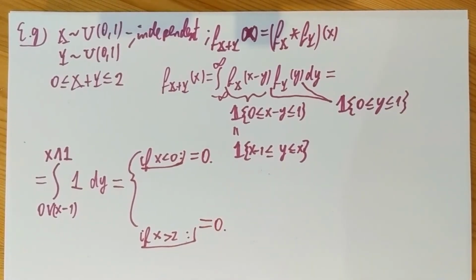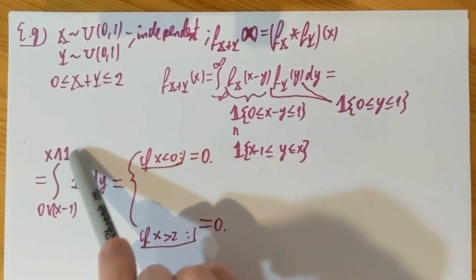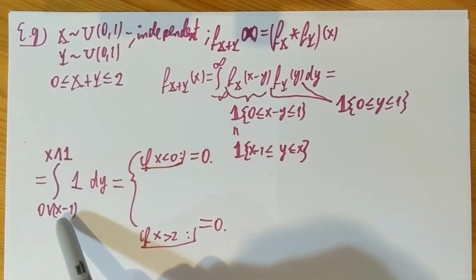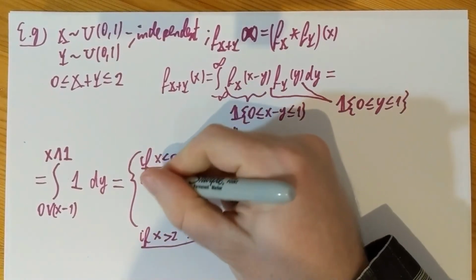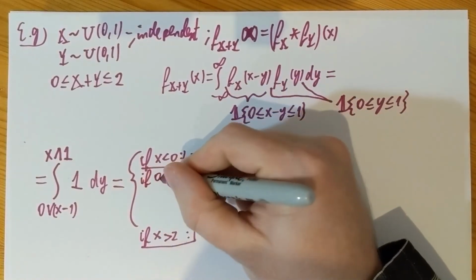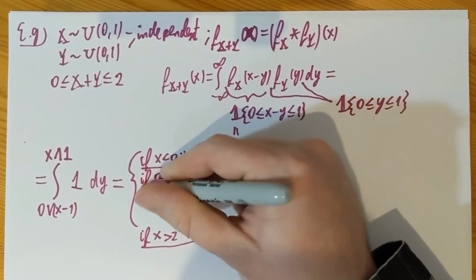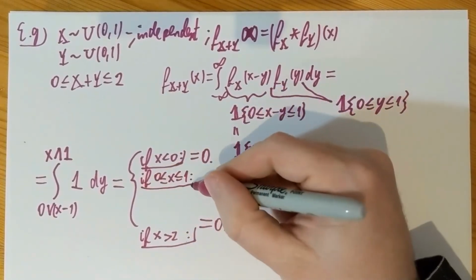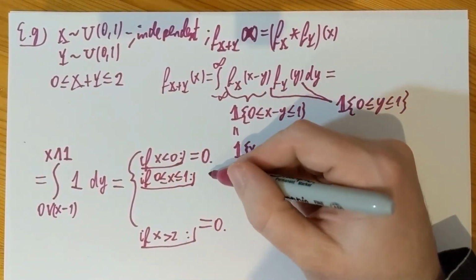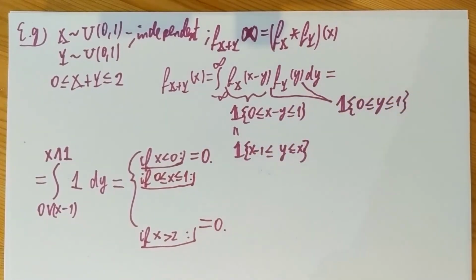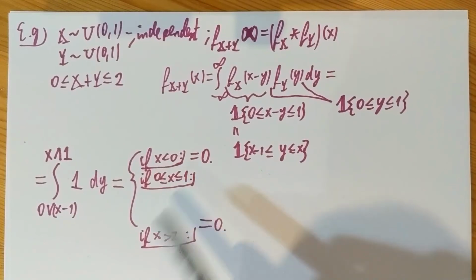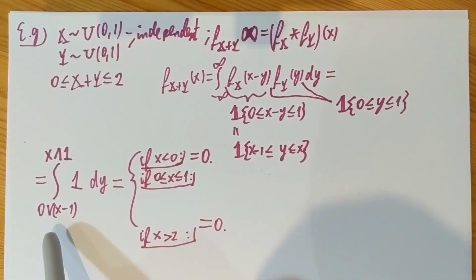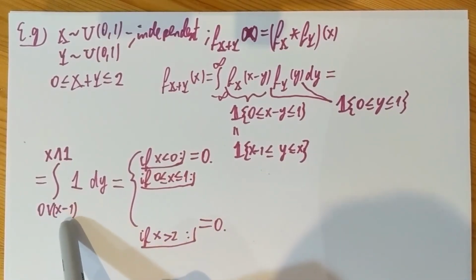Now, clearly at x equals 1 there is a change in the boundary here and also in the boundary there. So the next interesting case is if x is at least 0 but at most 1. If x is positive but at most 1, if x is smaller than 1, then x minus 1 is less than 0.